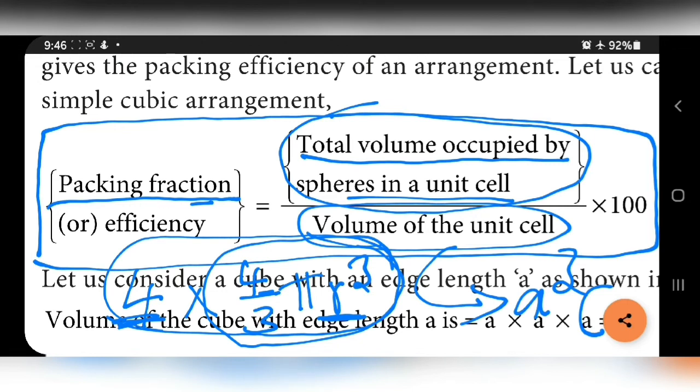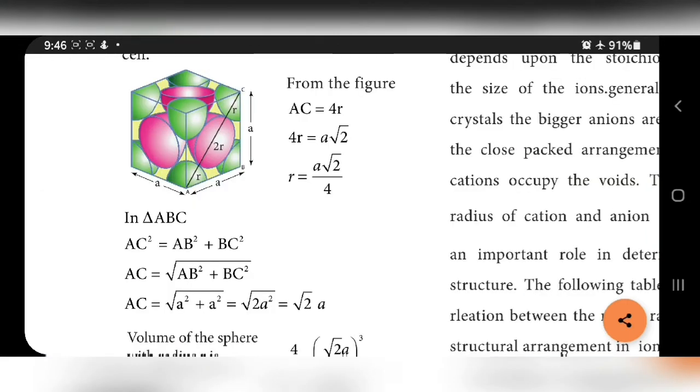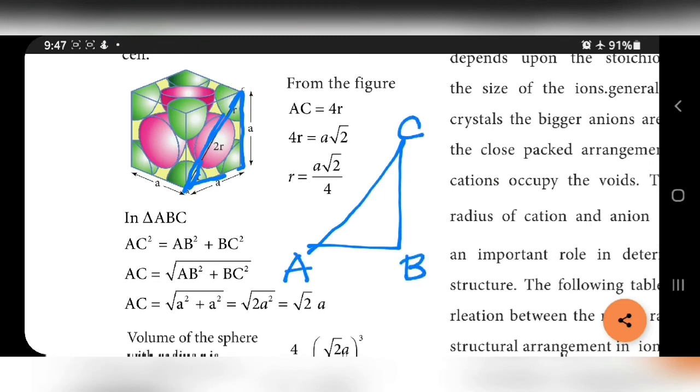Let us continue. See this picture, my dear students. Triangle ABC. Apply Pythagoras theorem. In this triangle, this is A, this is B and this is C. Applying Pythagoras theorem, AC square is equal to AB square plus BC square.